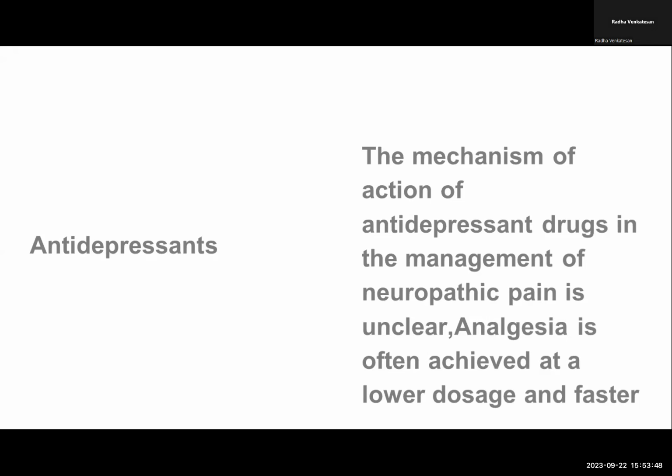The direct mechanism of how it works is not clear, but it helps to reduce neuropathic pain or nerve pain. And the main important point to understand is that the pain relief is obtained with a very low dose, not the common dose used for the antidepressant action. Generally, antidepressants are given in 75-100 milligram doses, but what we use for pain relief is 10 milligrams. So the dose is very low and still gives pain relief.